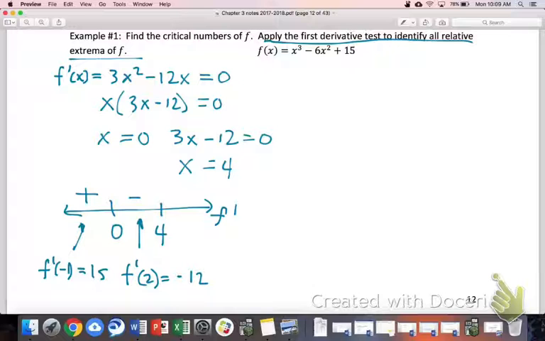And then finally for that last interval, would you guys do a 5? Okay. So f prime of 5 equals what? 15. Yep. Some beautiful symmetry. What would happen if we got f prime of whatever equals 0? If you did a test value and you got 0, that means a mistake was made.